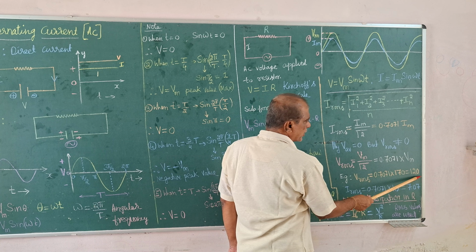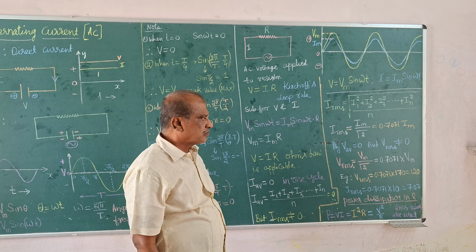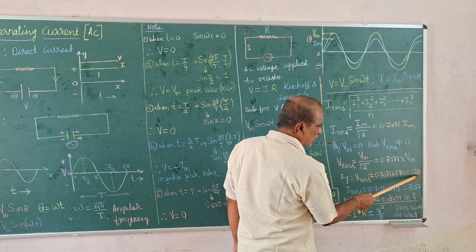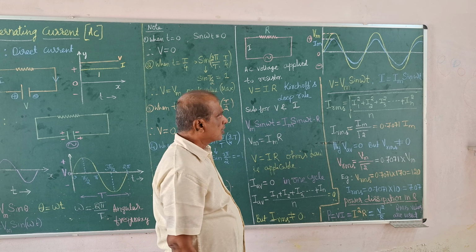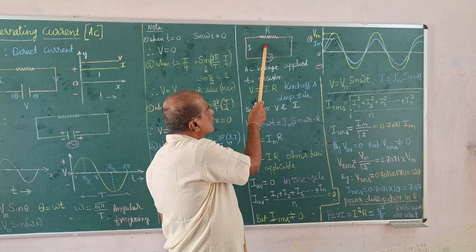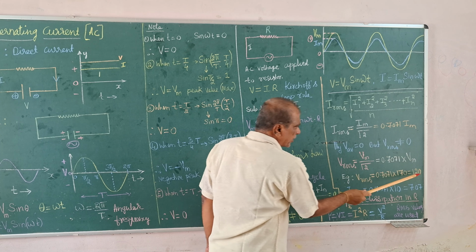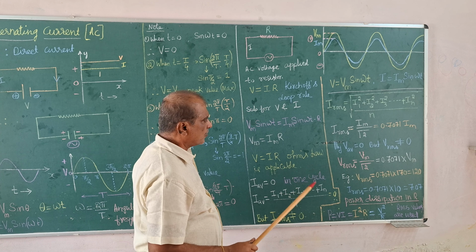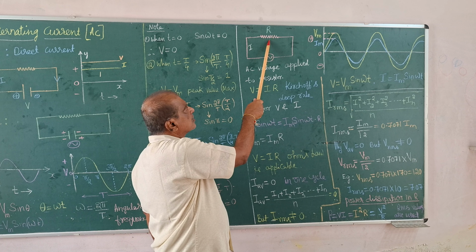It is 120. What does it mean? The mean value is 120, that is, 120 is the effective voltage. If you apply a DC voltage of 120 to this circuit, what amount of power is dissipated by this R?